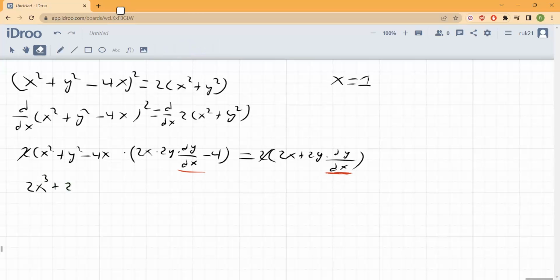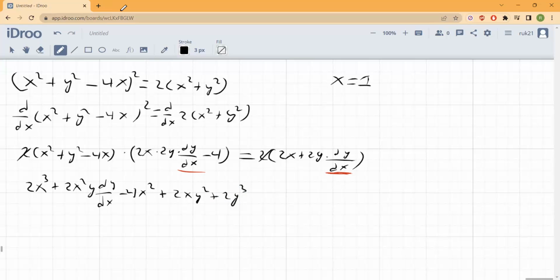2x squared y dy/dx, minus 4x squared, plus 2xy squared, plus 2y cubed times dy/dx, minus 4y squared, minus 8x.